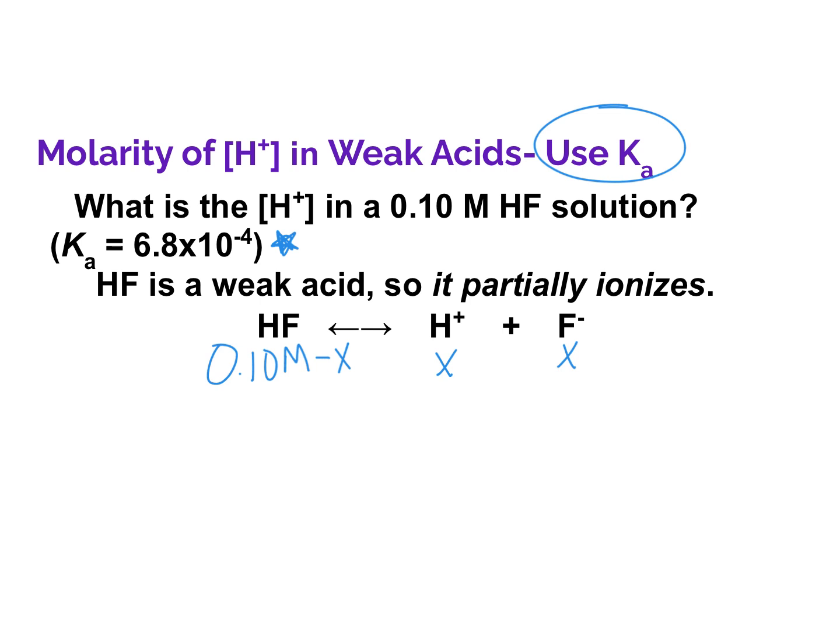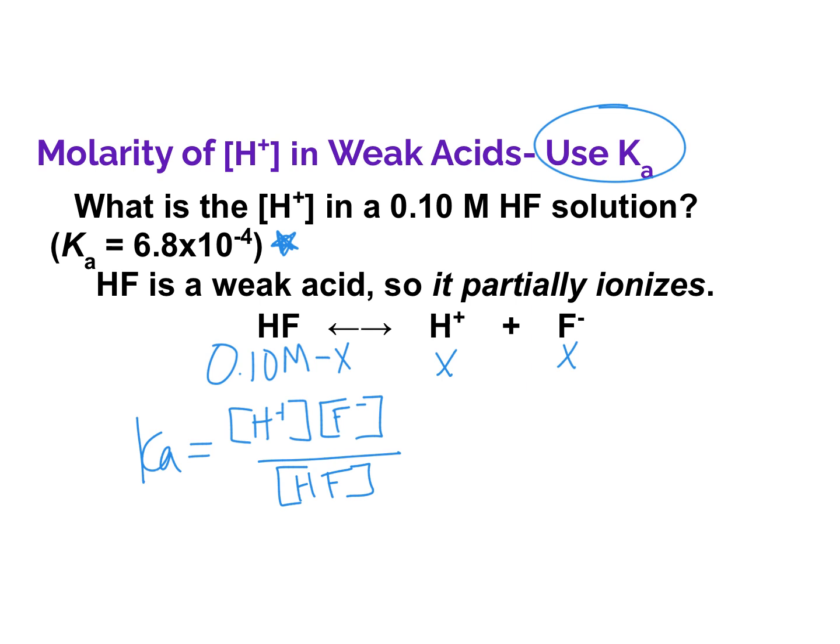Then we can write our Ka very similar to how we did our equilibrium expressions. We take the concentration of our products, and because there are no coefficients here, there are no superscripts, but if there was a 2 here, then a 2 would come up here, and then we put that over the concentration of our reactant.